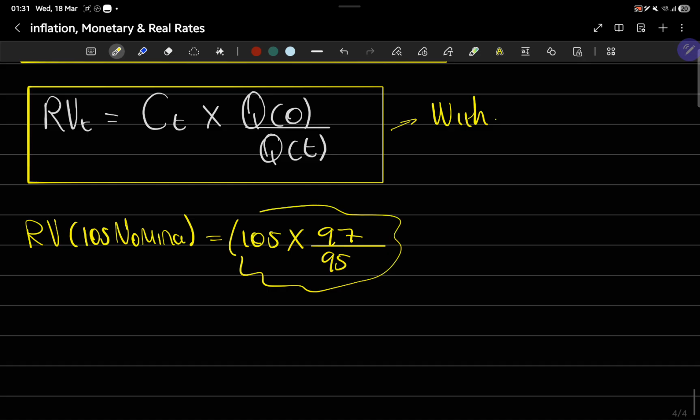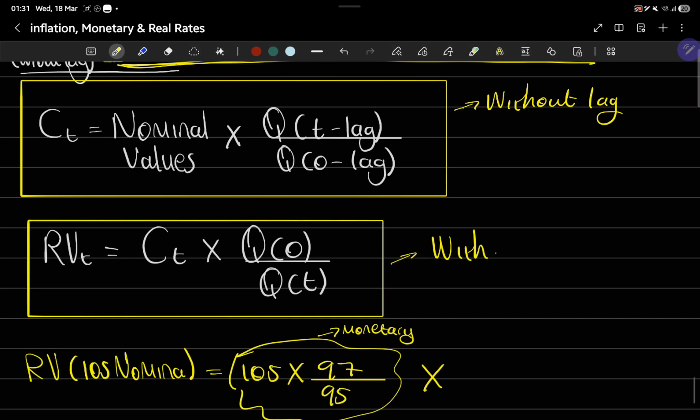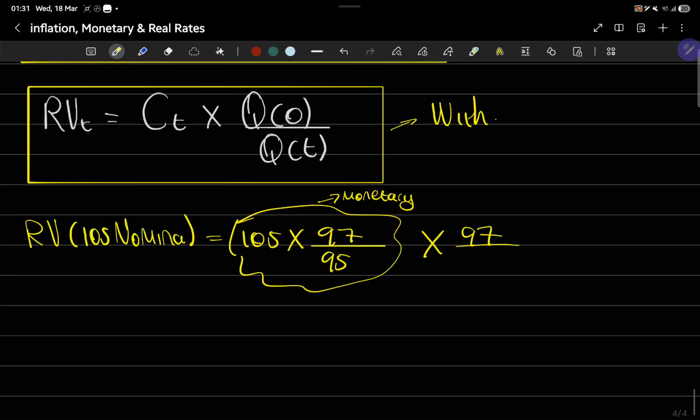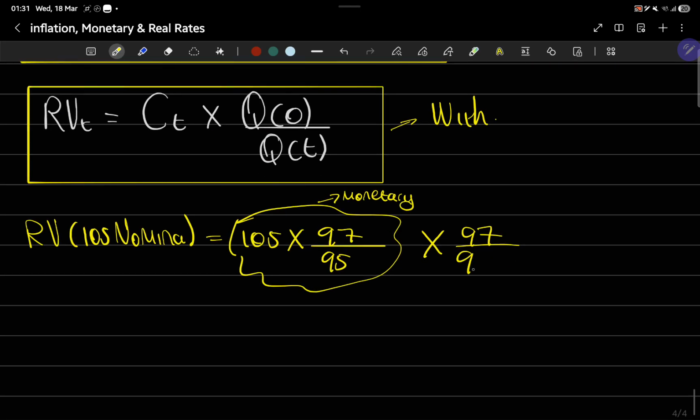This will give you the monetary cash flow. And then to get the real value, we further multiply it by Q0, which is 97, over Q1, which is 99.